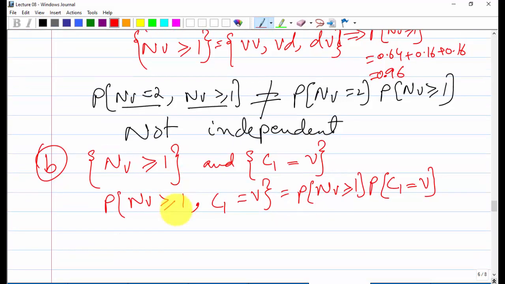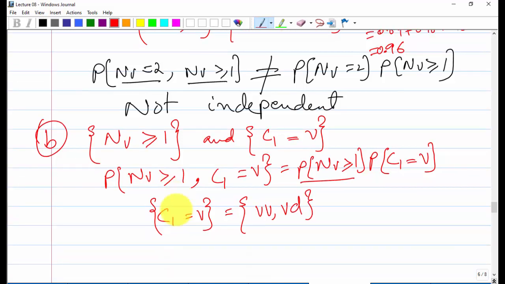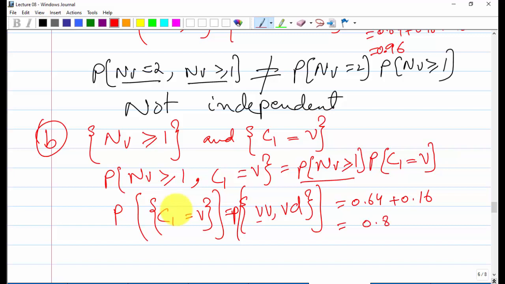Now we know the probability of this event, we have already calculated it. It is 0.96. We have to define the other event first, that the first is video, so it will be VV and VD, because we have just the first as the video packet. So the probability of this will be the sum of these two probabilities, 0.64 plus 0.16, so it will be 0.80.